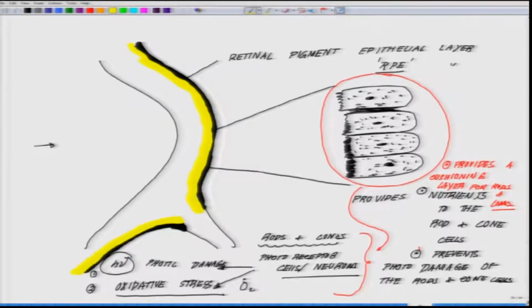Now we will discuss the second layer, which is the rods and cones. The rod and cone cells are sitting on this layer in a very unique way. So, let us see the geometry of the rods and cones. The rods are like this.